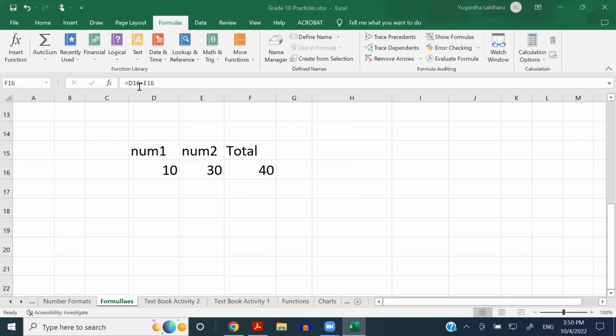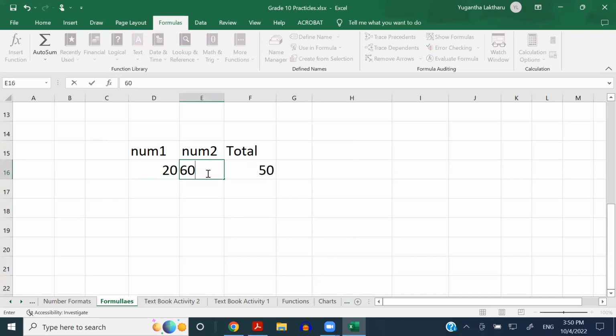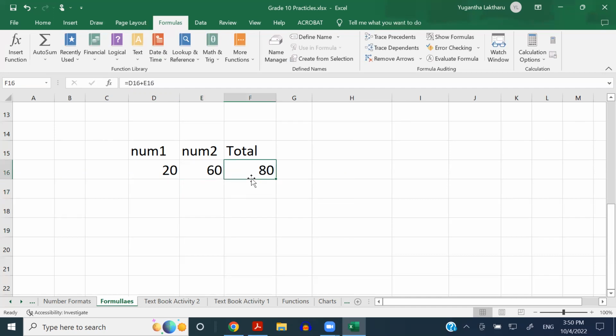Right. And now the beauty of this is, if I change any of these references or any of these values in the cell, this is going to calculate the total for me always. Right now, if I make this 20, this automatically changes. If I make this 60, the total becomes 80.